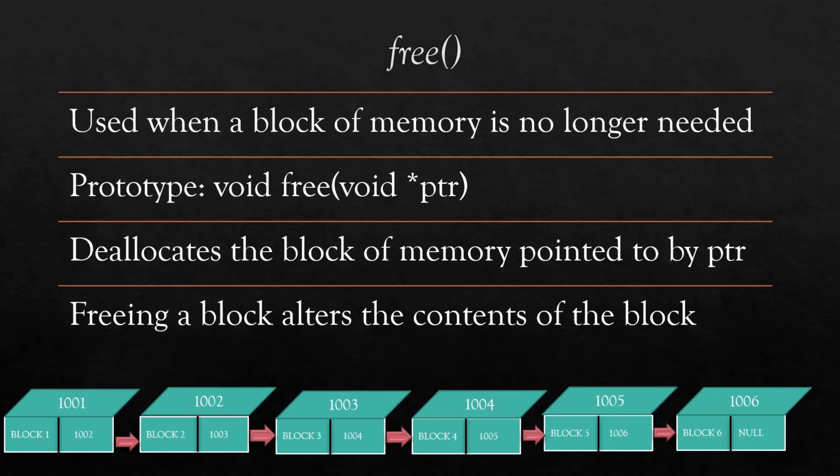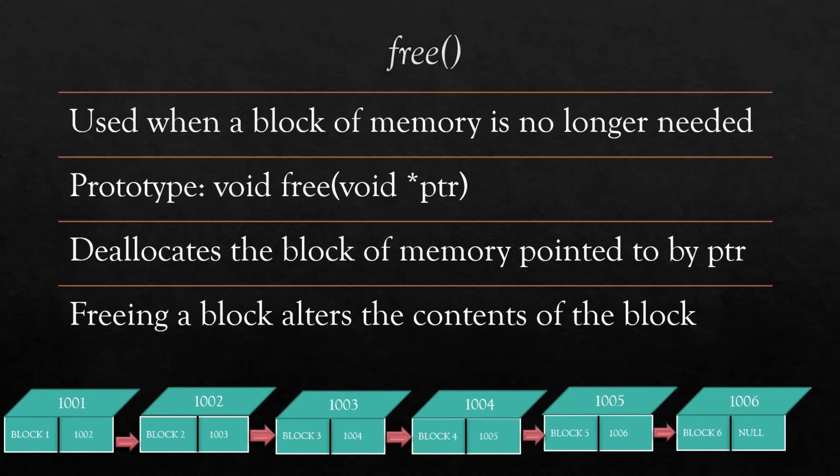Now this is commonly what would be known as a linked list, and we'll talk about linked lists in detail in a later session. What we need to understand for now is that if we release the first block, then we're going to lose vital information. What is the vital information? We're going to lose the address of the second block, right?